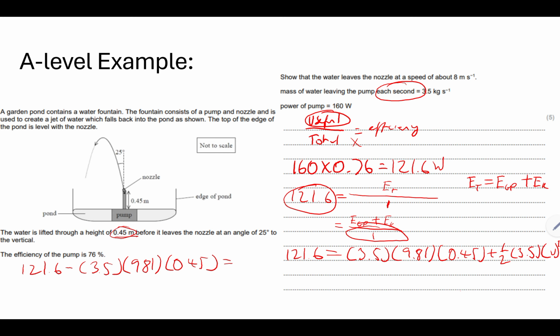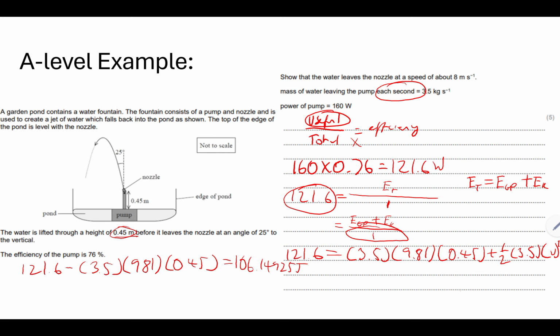So when we do that, we get 106.14925 joules.